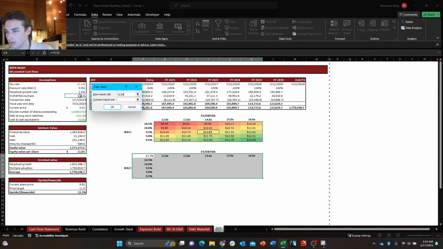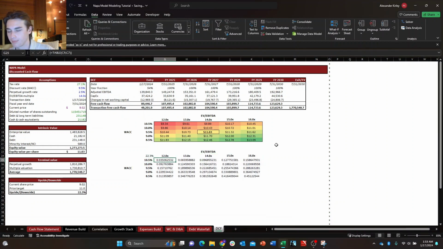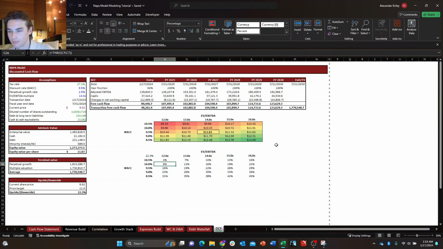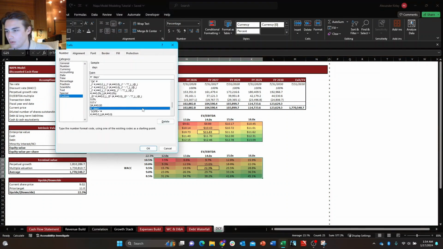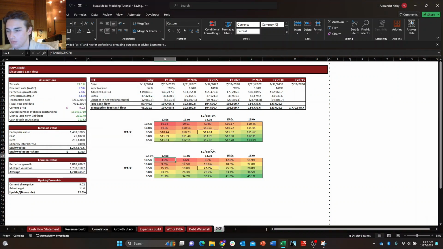Row input cell, column input cell, oh bam. Excellent.